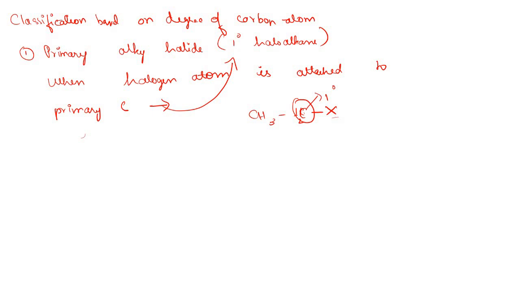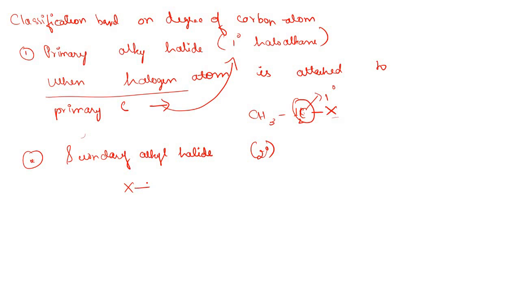The second part is secondary alkyl halide. It's 2 degree. When a halogen atom is attached to a secondary carbon, we call it a secondary alkyl halide.